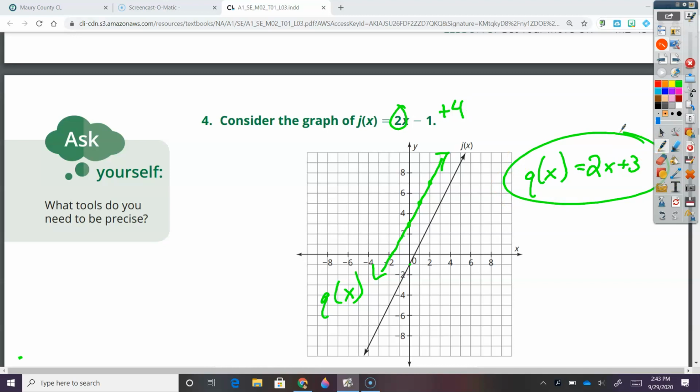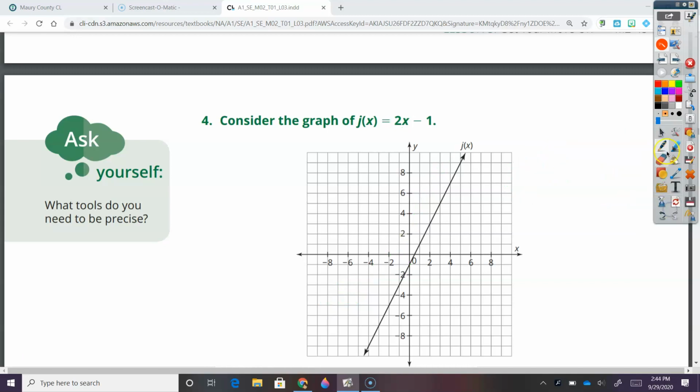Part B, translate the graph of j of x down 4 units and label the graph r of x. So we're going to go down 4 units. So here's my original y-intercept, 1, 2, 3, 4.